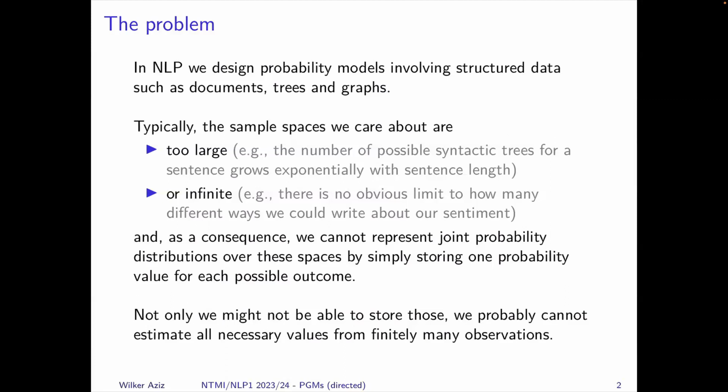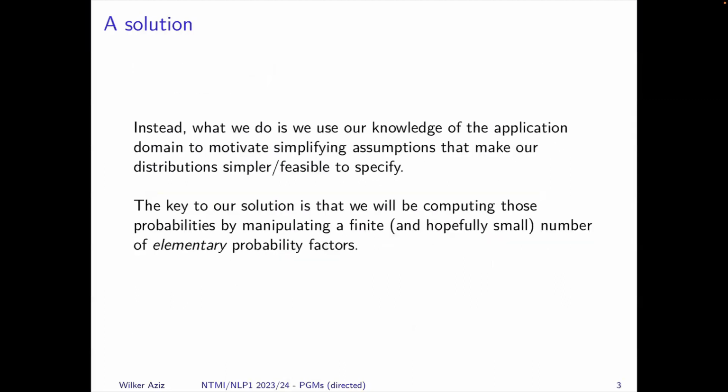So this is the problem. We are dealing with spaces that are much too large for us to specify probability distributions in oversimplistic ways, assigning one probability for each possible outcome in this space. What's the solution? The solution that we are going to talk about in this class is that we're going to use knowledge of the application domain and motivate some simplifying assumptions.